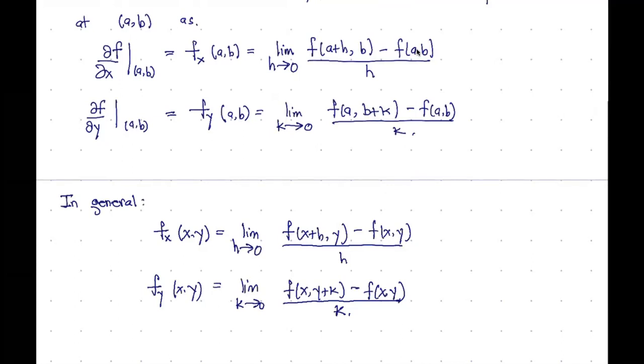And you can see it here a little bit more clearly. We're holding y fixed; x is the thing that is varying for the partial derivative with respect to x. With the partial derivative with respect to y, x is being fixed and y is the thing that is allowed to change. This, of course, is not how you're going to do differentiation.